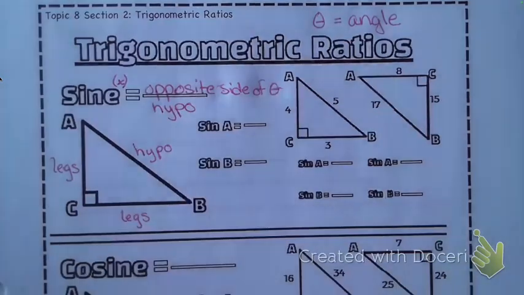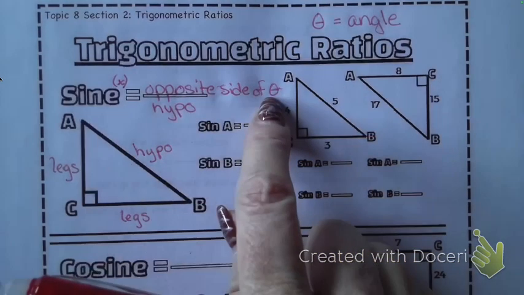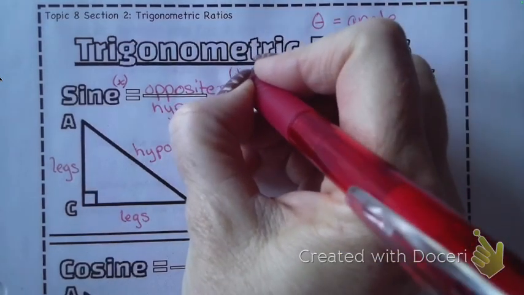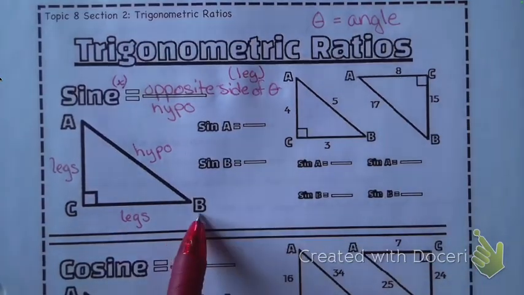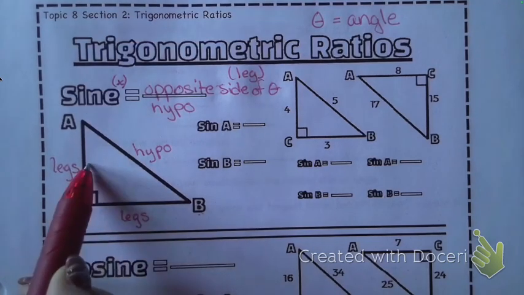Okay, I don't have to qualify the hypotenuse in any other way, do I? Because the hypotenuse is the side opposite the right angle. It is always the longest side. The opposite side of theta would be a leg, correct? One of the legs. So what is opposite this angle? That side.